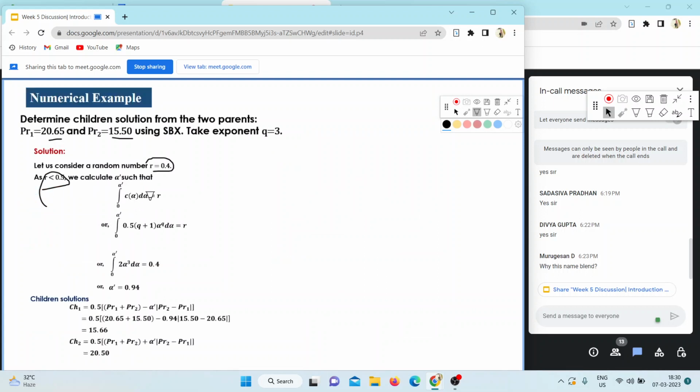The integral from 0 to alpha dash of C alpha d alpha equals r, and C alpha you will find by this equation, 0.5 (q plus 1) alpha to the power q. You do this definite integral. Here, you take out 0.5, and your q is 3, right?